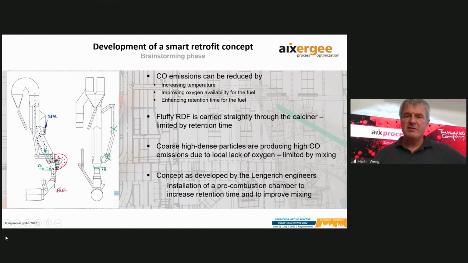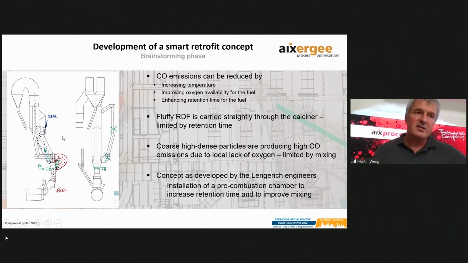But you see, increasing temperature is difficult from an overall energetic point of view. Enhancing the retention time, well, yeah, that is to some extent possible.